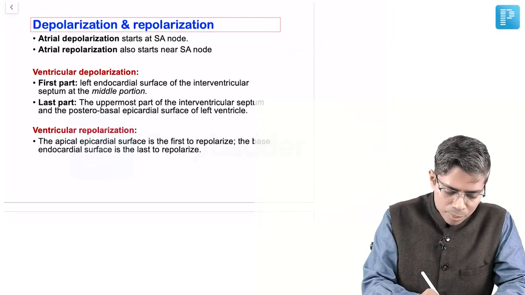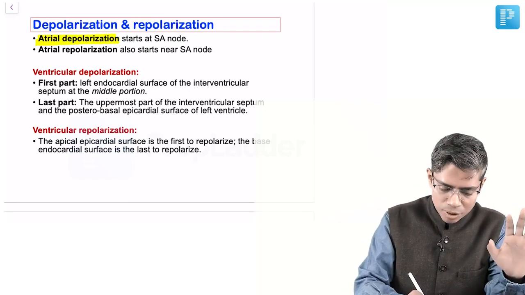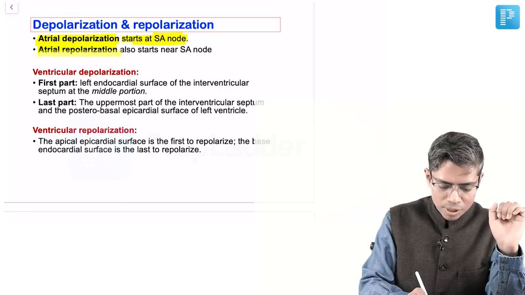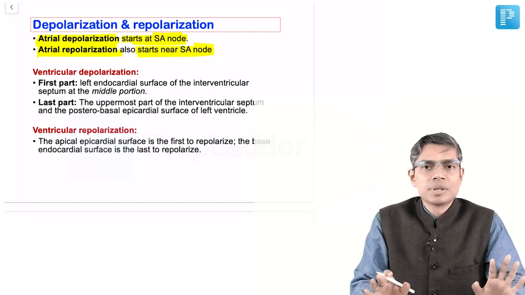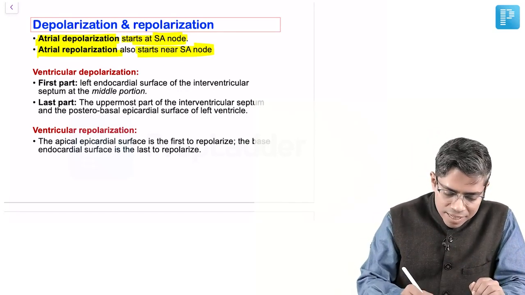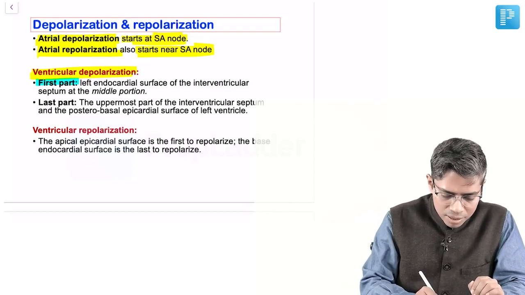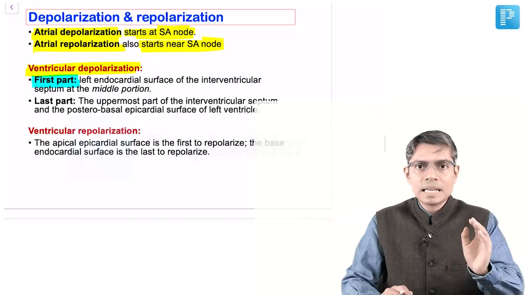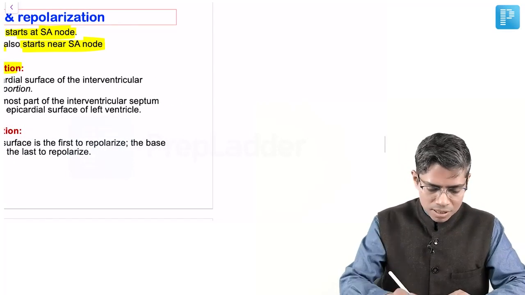For the atrial depolarization, there is no problem, because atrial depolarization start at the level of SA node, and atrial repolarization also start near the SA node. Both are the same area. But ventricular depolarization, the first part of the ventricle to be depolarized, I told you that it is the left side of the interventricular septum and it is the middle part. So two things you have to remember.